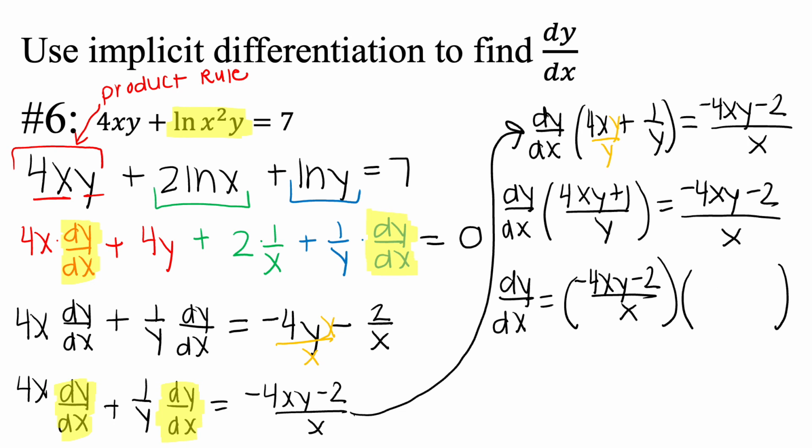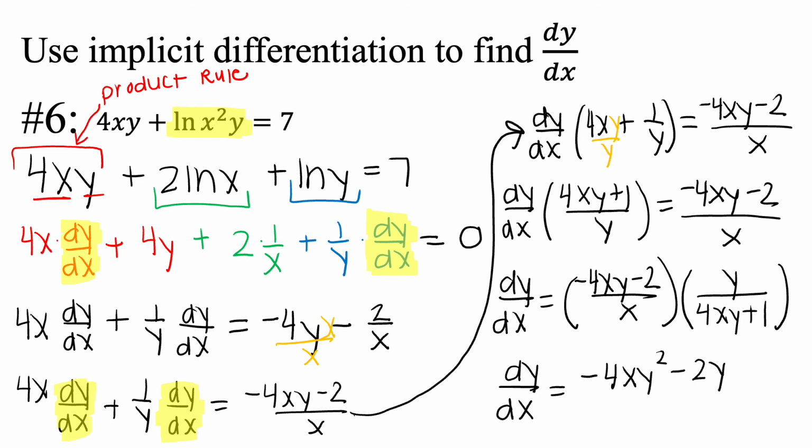Multiply by the reciprocal, so this would be y over 4xy plus 1. Sorry about that. Now we can multiply this out to clean it up. So we have dy/dx is equal to, let's distribute our y and distribute our x. So we get negative 4xy squared minus 2y over 4x squared y plus x.